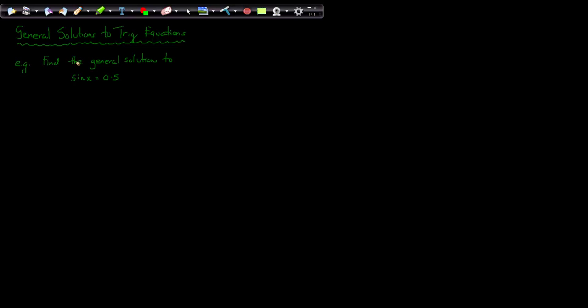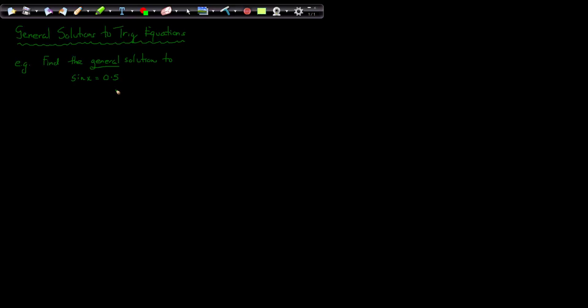As with a lot of this work, I think the best way to do this is to work through an example. So let's say we're asked to find the general solution to this trig equation.